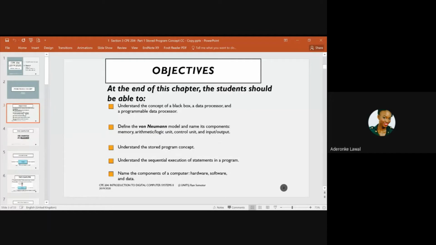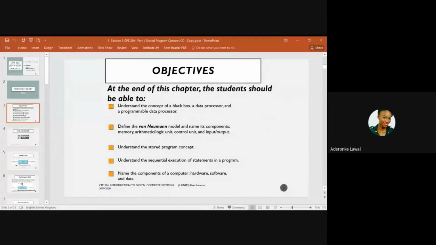If there are some illustrations that you can do to explain it, you should be able to do that in your exam. So you should be able to understand the term stored program concept. So if I ask you to define or describe this term, you should be able to write something down from your understanding. It doesn't have to be word for word. You don't have to cram. All you need to do is to understand this.